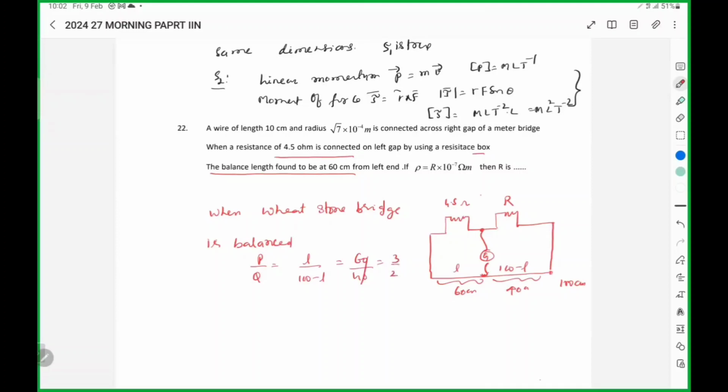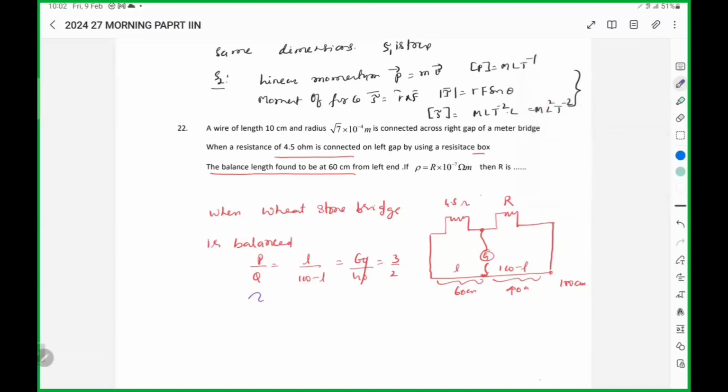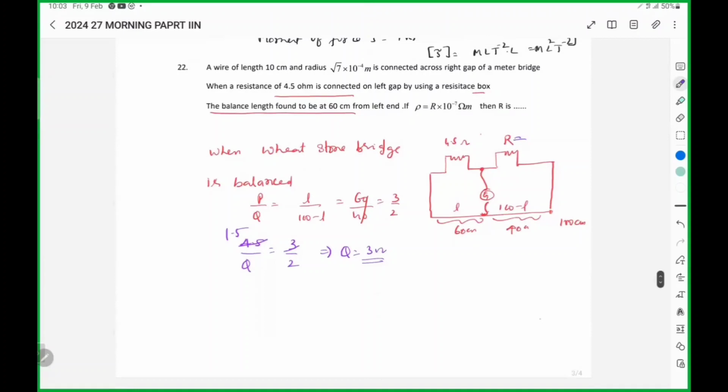Here P is nothing but 4.5 ohm. So Q becomes some value in ohms. Q in the sense resistance, right?